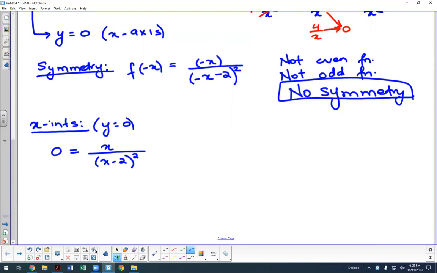Yes, Amy? Multiply both sides by x minus 2 squared. Yeah, get rid of the denominator. So multiply both sides by x minus 2 quantity squared. And then, of course, on the right-hand side, these guys will cancel each other out. What happens on the left-hand side? 0 times x minus 2 quantity squared? Yeah. 0 times anything is 0, so you end up getting 0 equals x, which means our x-intercept is at the origin, 0, 0.